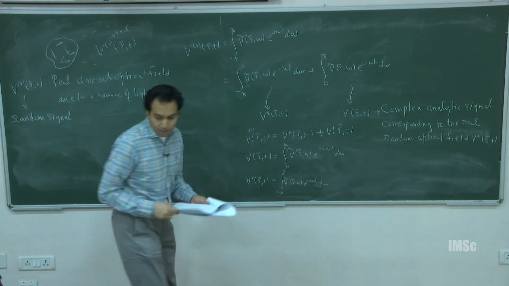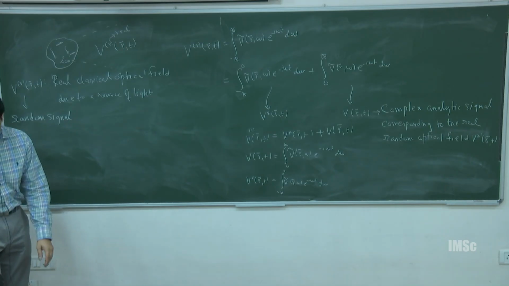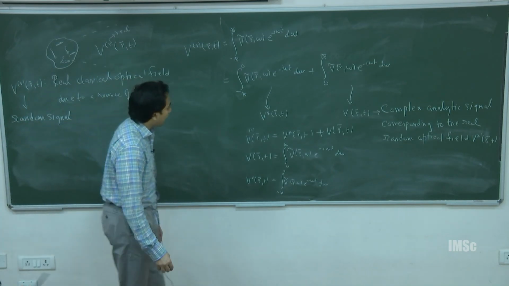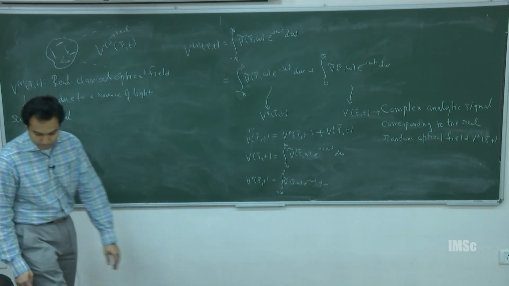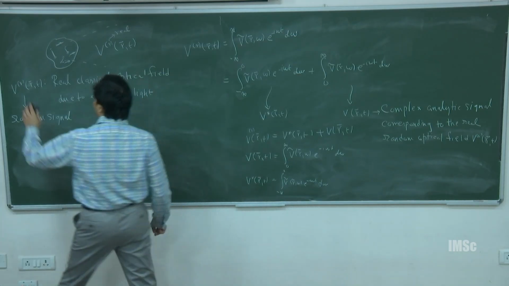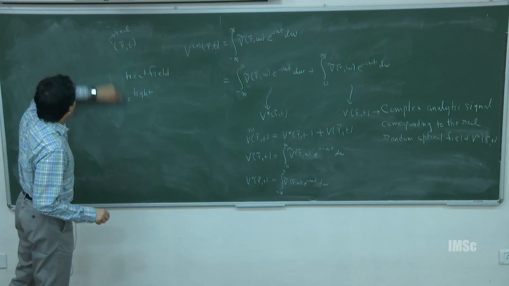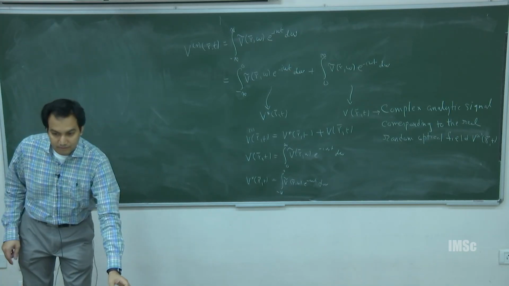Okay, but how does this relate to some of the physical quantities of interest to us? What useful physical quantities can we define using these complex analytic signals? To begin with, the intensity of an optical field, of a beam of light, is related to these complex analytic signals.